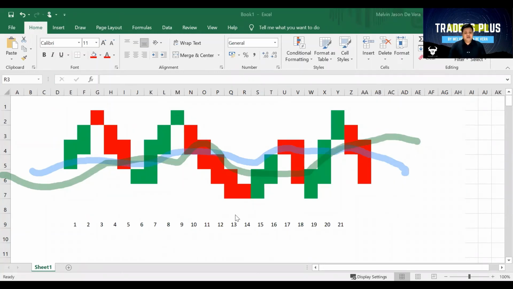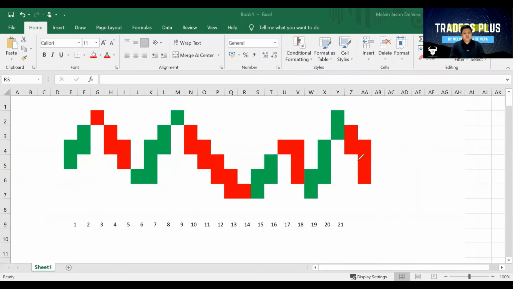Okay? Nasaan ang crossovers mo? So una, the price crossed the moving averages, and your blue moving average, which is your MA20, nag-cross kay 50. Okay? So ngayon, it is expected to go down.